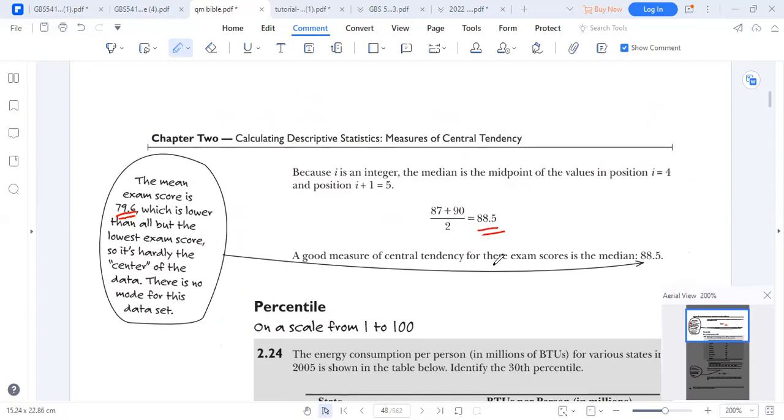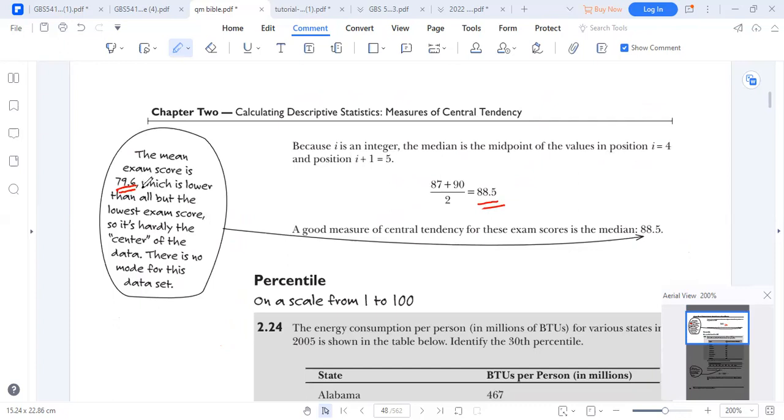So here, our conclusion is that the mean exam score is 79.6. This one is lower than most, close to the lowest score, so hardly the center of the data. There's no mode for the data set.